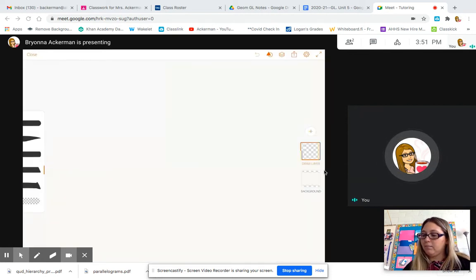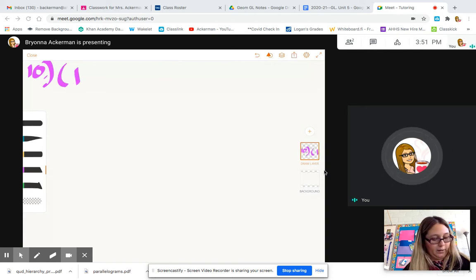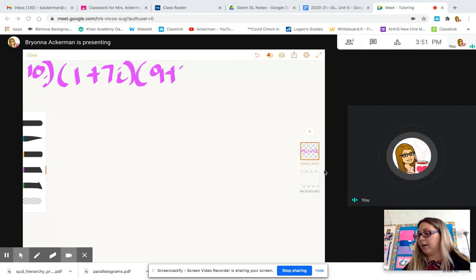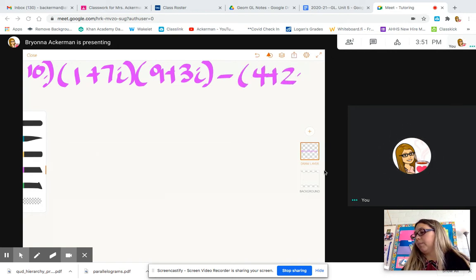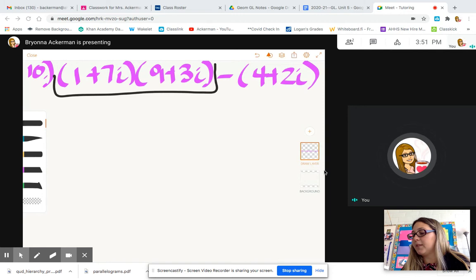So number 10 will be the last one I do. We have 1 plus 7i times 9 plus 3i. And then we have minus 4 plus 2i. You want to do the multiplication first. So we want to do this piece first and kind of ignore the other piece for now.